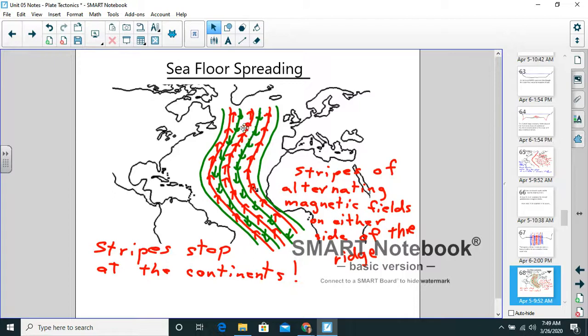But let's say right along that ridge, if you were measuring the magnetic field, you see that all points north, points this way. But on either side, there is a stretch of the seafloor where the crystals all point as if north was down here. And then you go further out, and it seems to be the regular direction again. And further out, it seems to be the opposite direction. There are stripes of alternating magnetic fields on either side of the ridge.